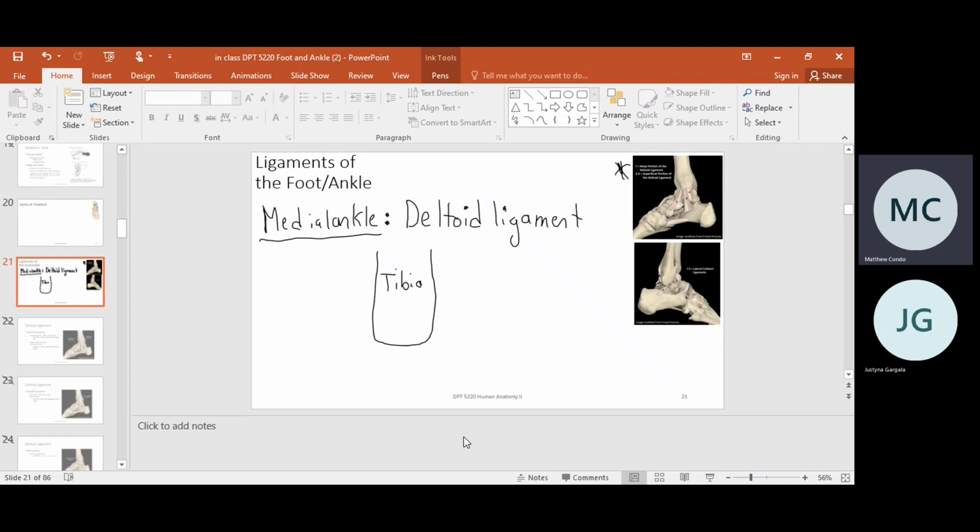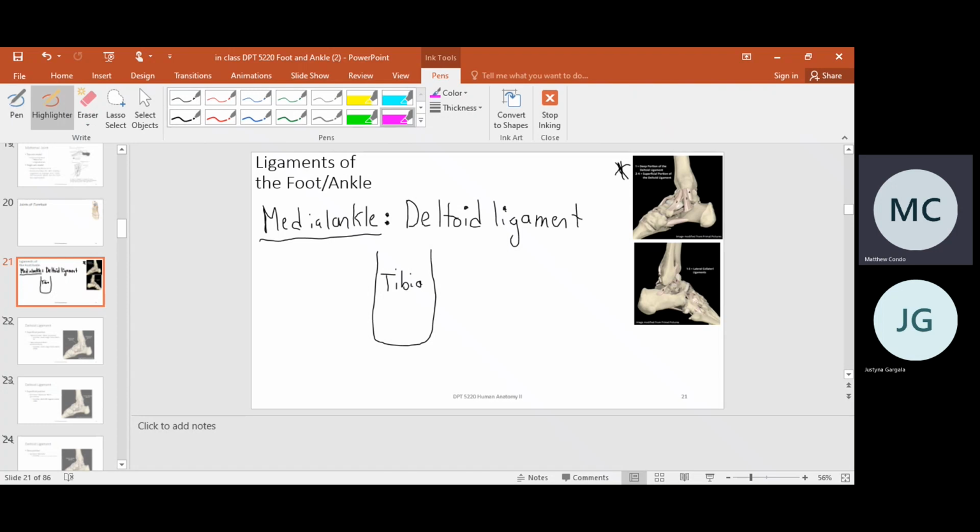All right. Okay, so my deltoid ligament is going to branch off into 4 different sections, okay? And the 4 different sections are all going to be named based on what they attach. So the first one I'm going to see here is something called the anterior tibio-talar.